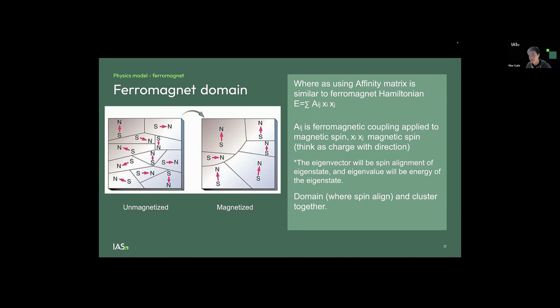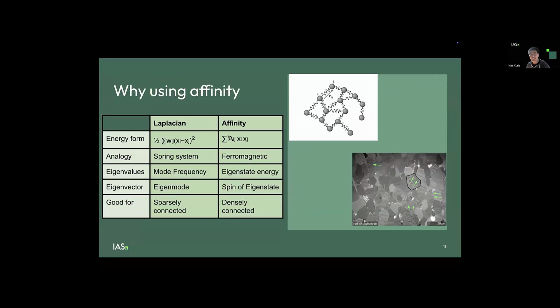But as we have much better embedding algorithms that are well regularized and normalized, going for the Laplacian is counterproductive. So I just gave you an overview of why I use the affinity matrix instead of the Laplacian.